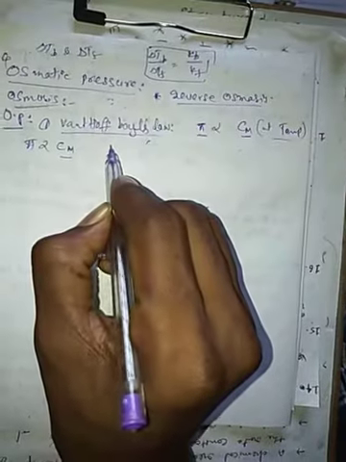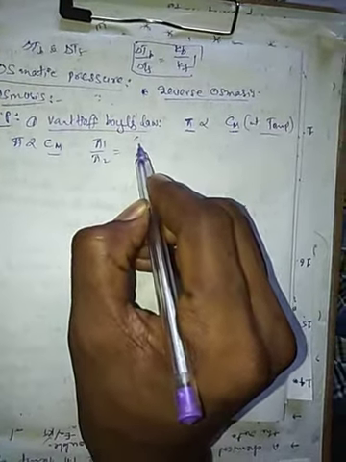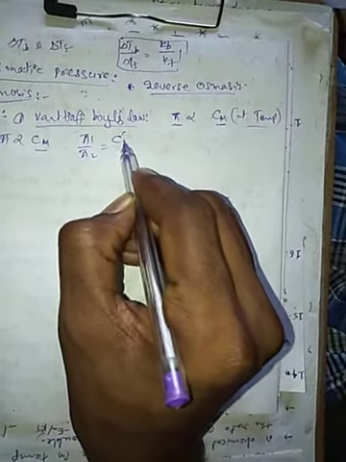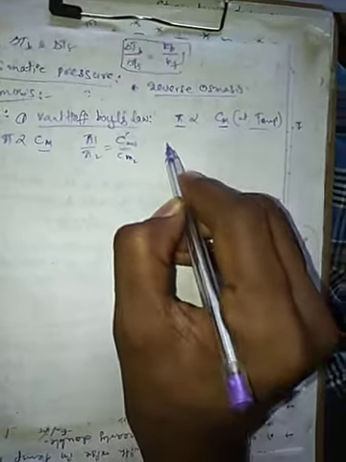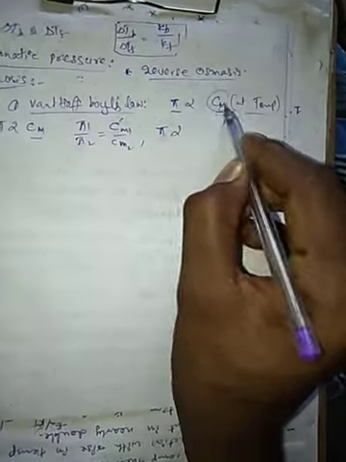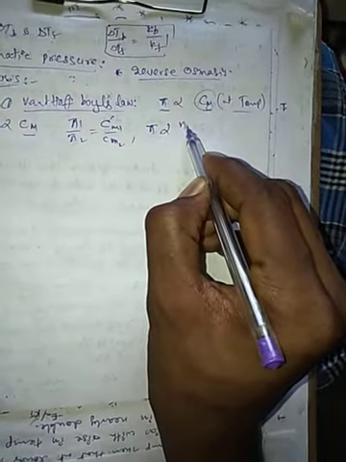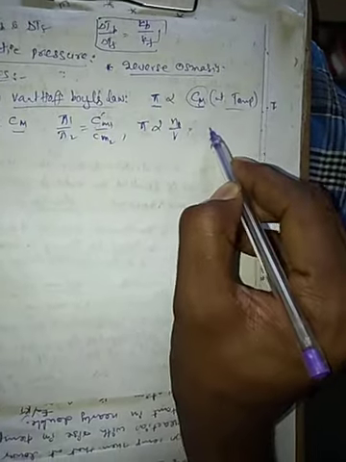Now, changing the osmotic pressure, pi1 by pi2 is equal to Cm1 by Cm2. Now we can write it by a different method. Pi is directly proportional to molar concentration, number of moles by volume.